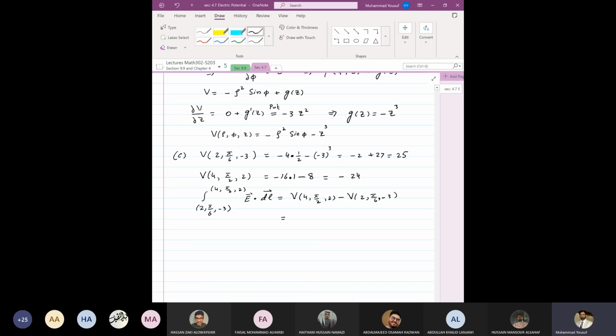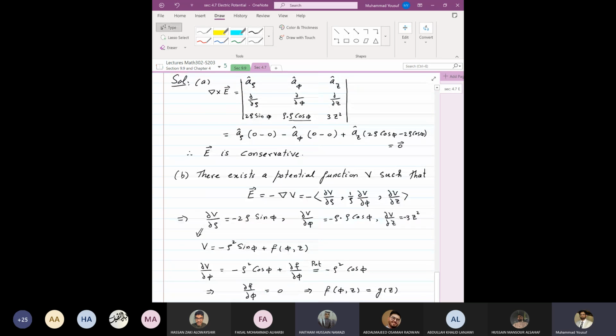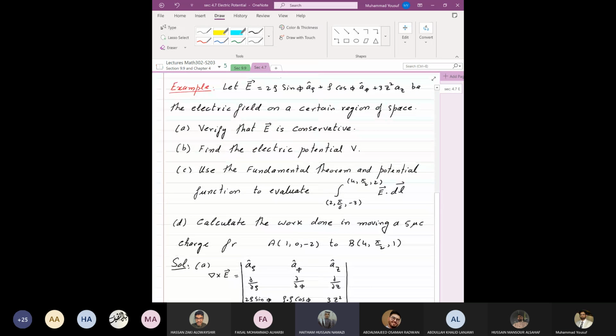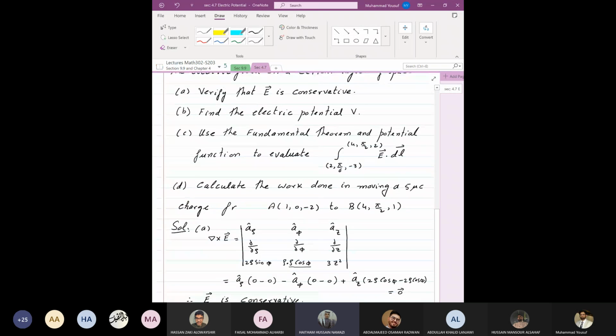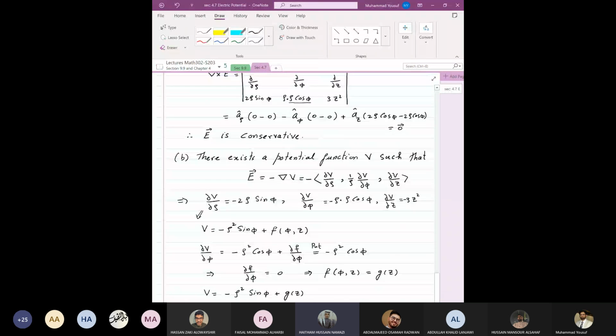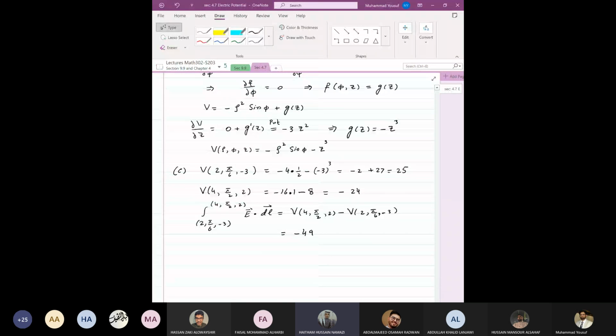So what do we get? Negative 49. Any question? Yes. In the last equation, how did you get the integration of E dot dl equal to V2 minus V1?